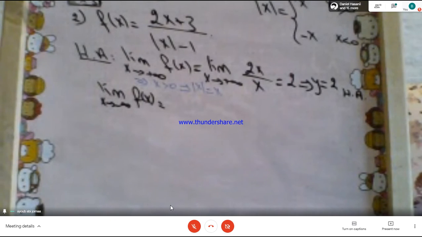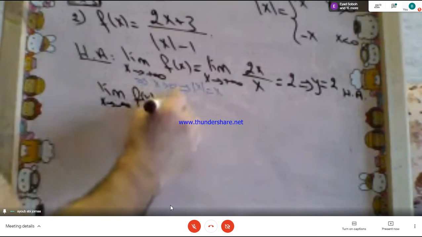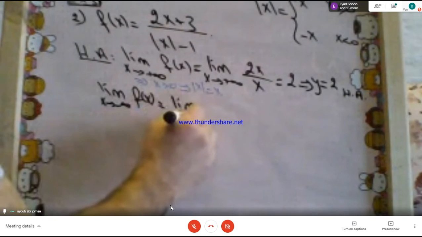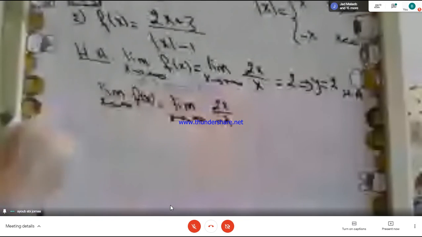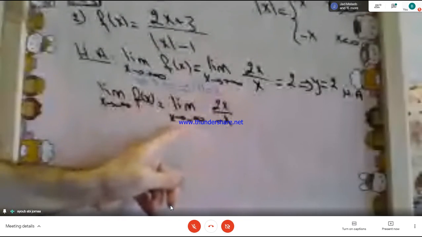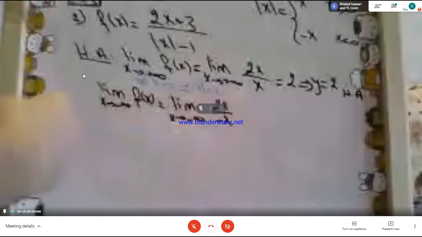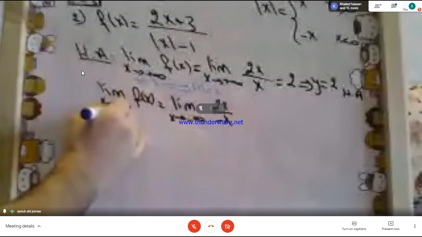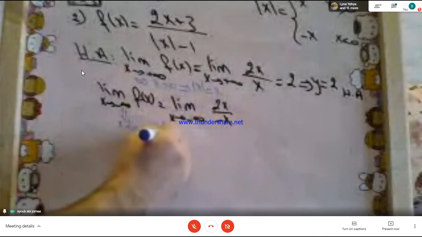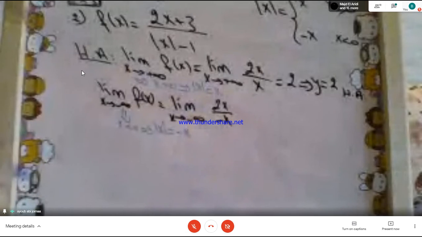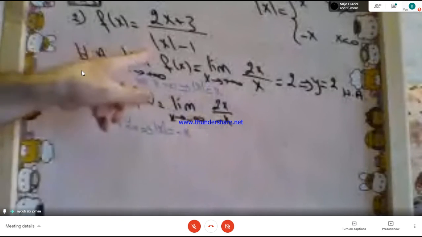We solve it the same way, but we put negative x. Because here x approaches negative infinity, it means that x is negative, so absolute value of x will be negative x. So here we replace absolute value of x by negative x.